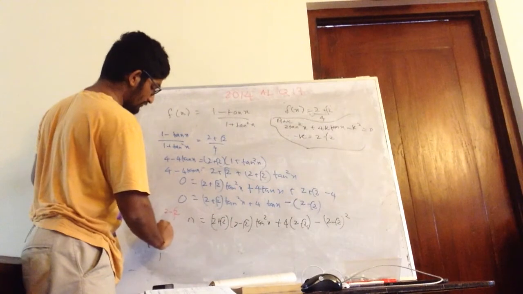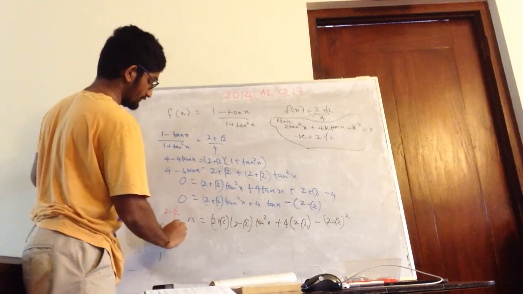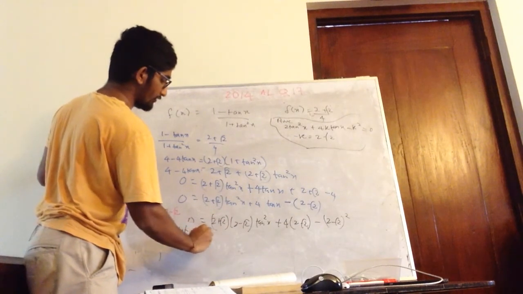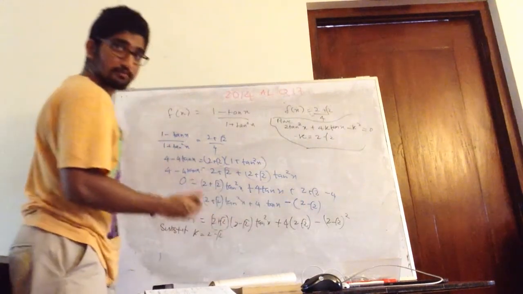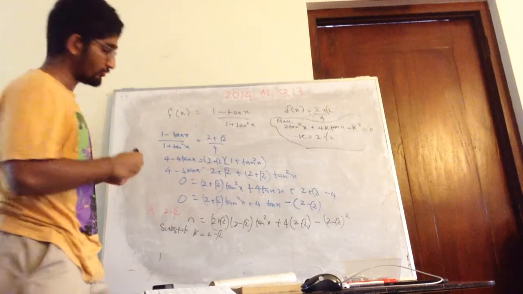So now I can substitute k equals 2 − √2, not for this, but for the others. So that's what I'm going to do.